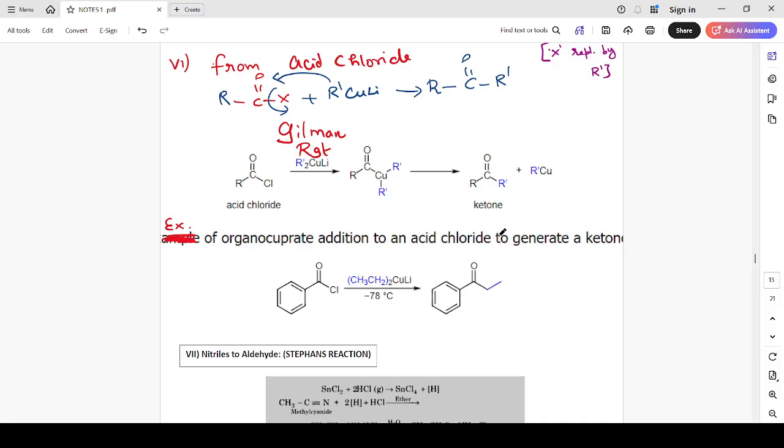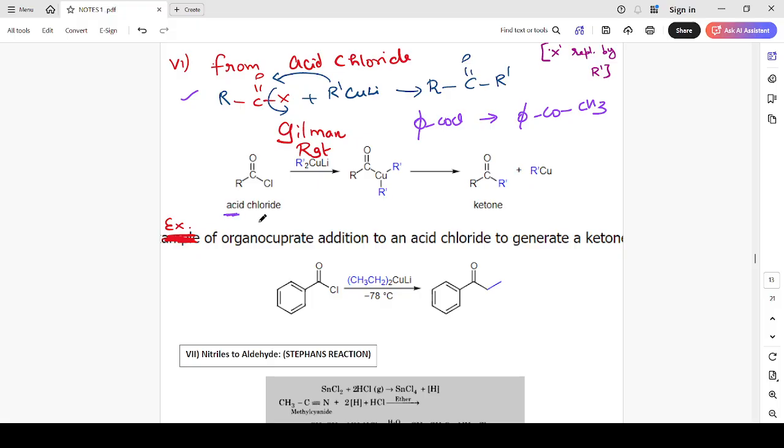The next reaction is from acid chloride. This year CBSE NCERT board exam had this question. I think they wanted to convert benzoyl chloride into acetophenone. So we are using the Gilman reagent here, R2CuLi.